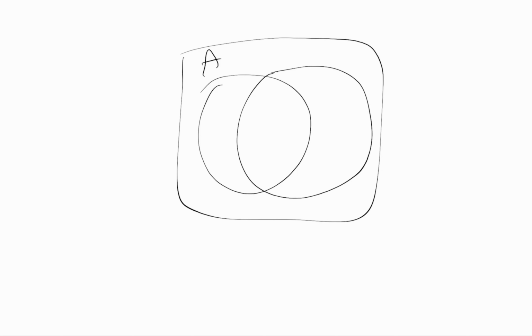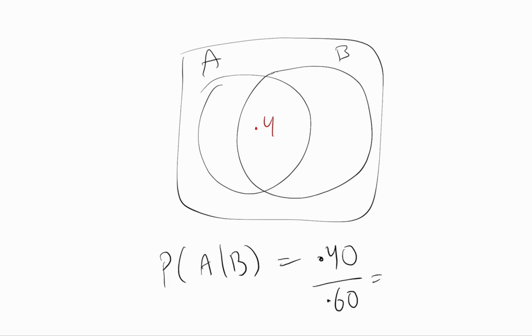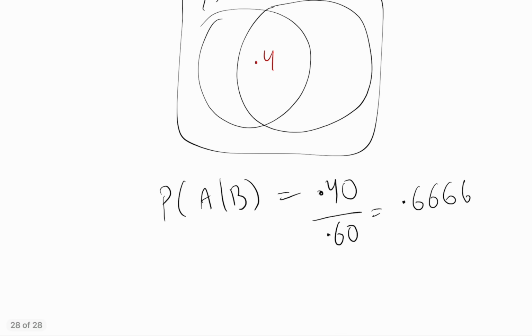If this event A over here is 50% area, event B over here is 60% area, and the overlap here is 0.4, well, now the probability of A given B is 0.4 over 0.6, which is basically 2/3. So that simplifies to 0.666. And so now, in general, the likelihood of going to college, P of A, was 0.5. But given this information that you're a voter, now your probability has been upgraded a little bit.